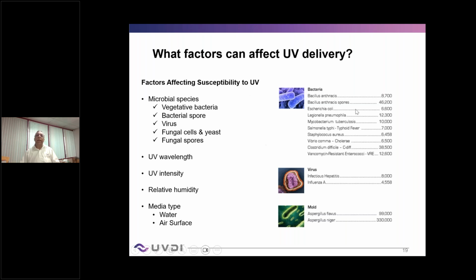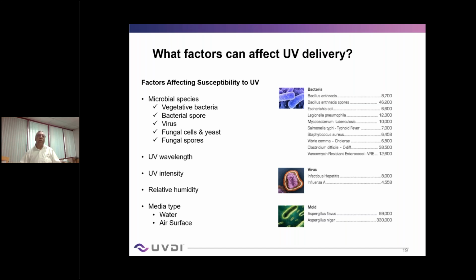The susceptibility of these microorganisms is affected by several things. Your wavelength doesn't affect it, okay? We can get into a little bit of detail one-on-one or later, but all the microorganisms are very susceptible to UVC wavelengths, which is in the 200 to 280 nanometers.